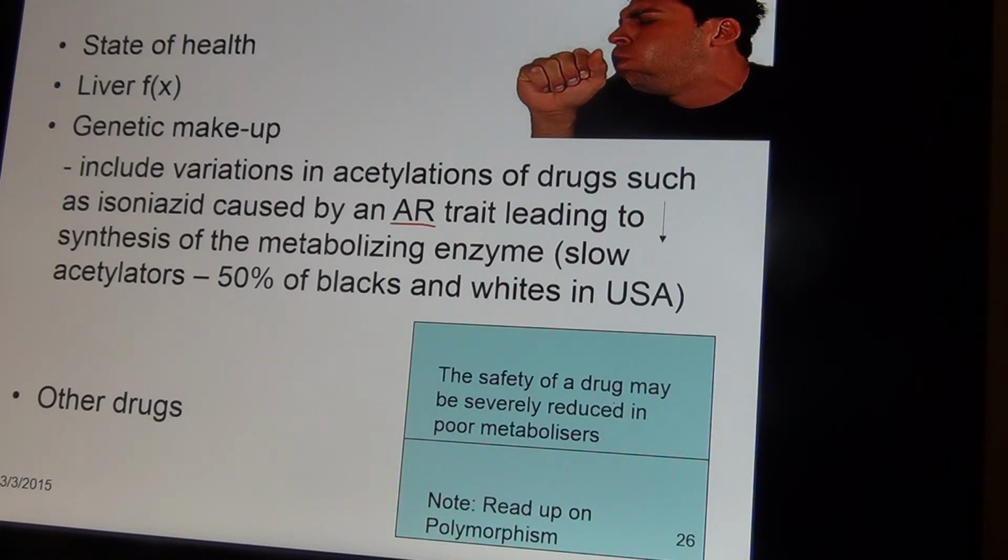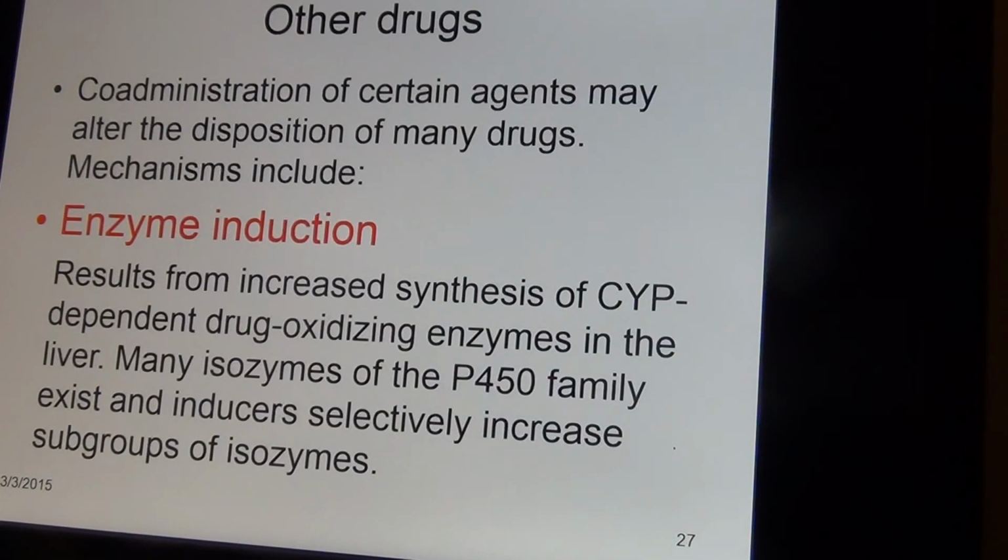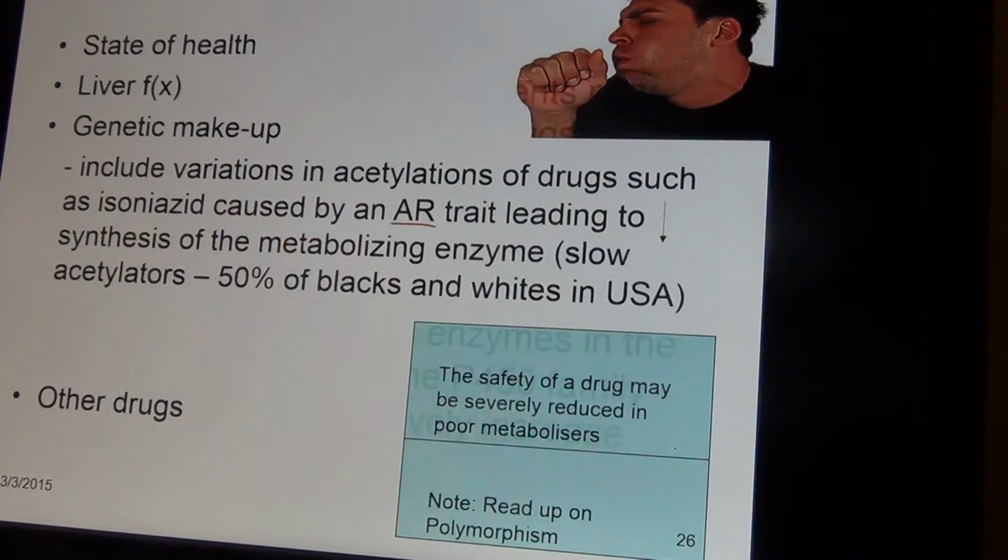So the safety of a drug may be severely reduced in people who are poor metabolizers, because they will have prolonged high levels of a certain drug because of the slow metabolism of the drug.